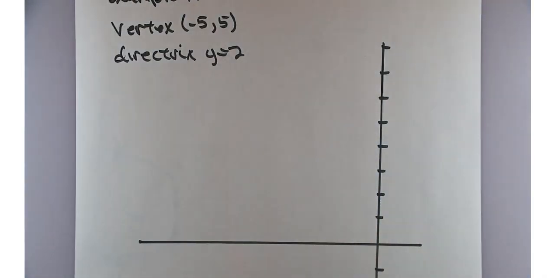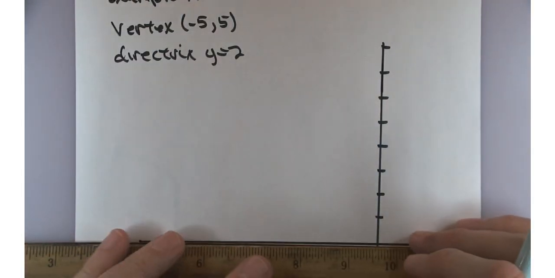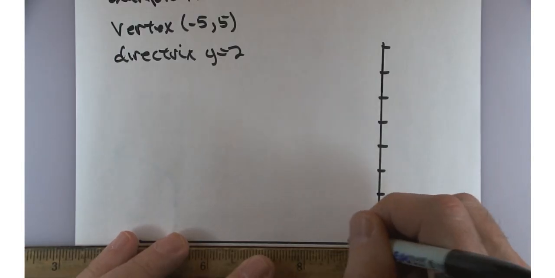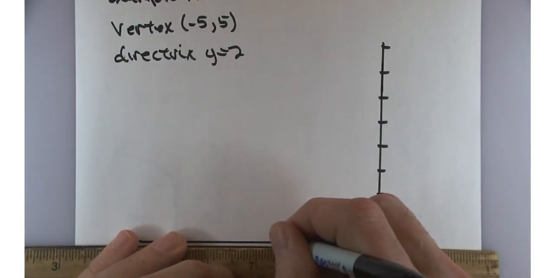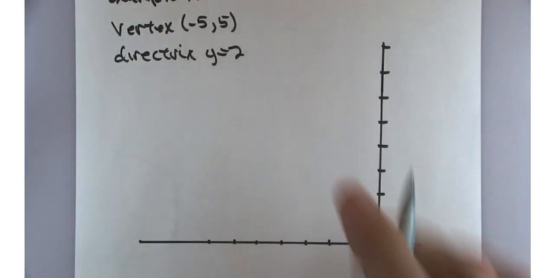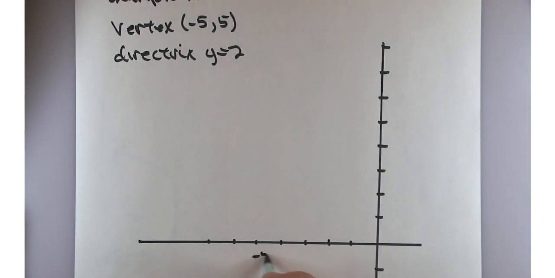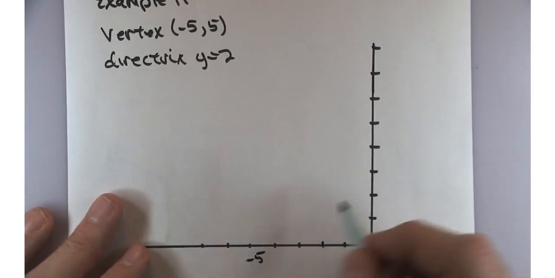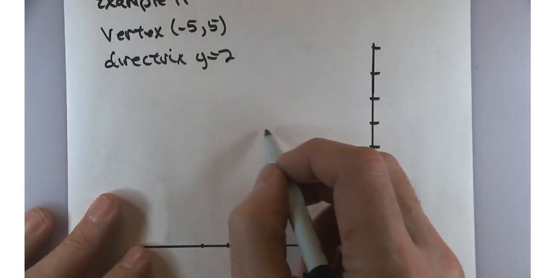Okay, and let's draw a couple of these in this way as well. 1, 2, 3, 4. So our vertex is at (negative 5, 5), so it's going to be up here.